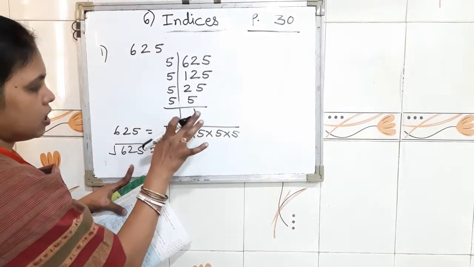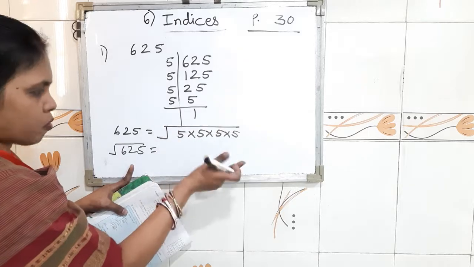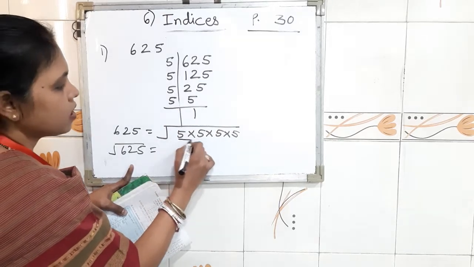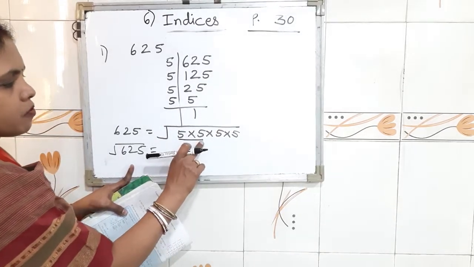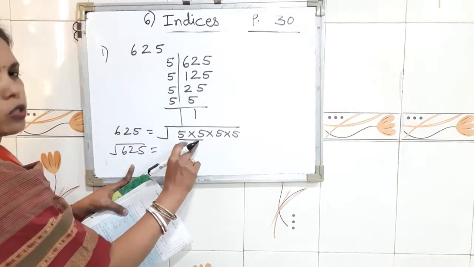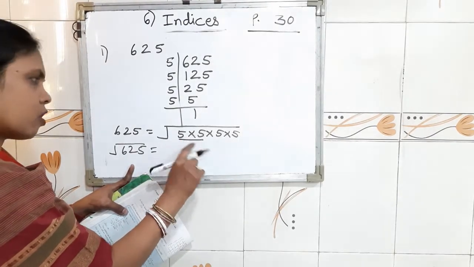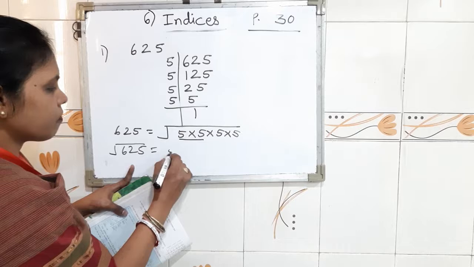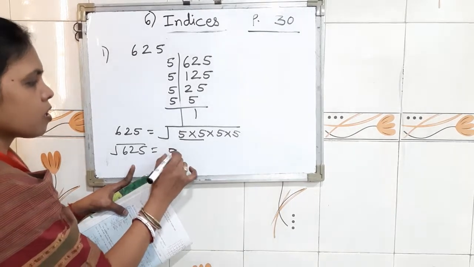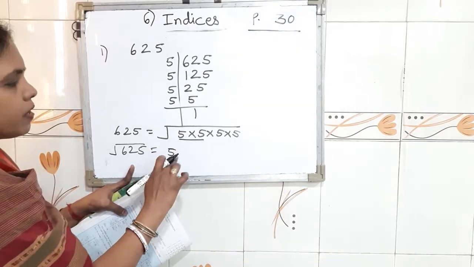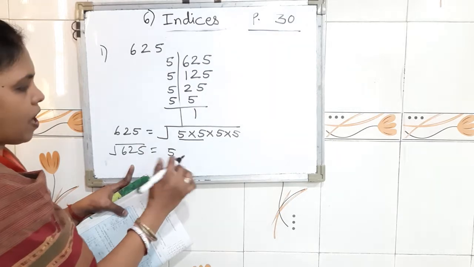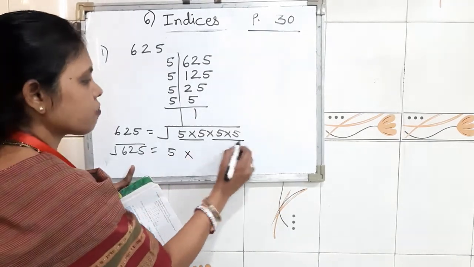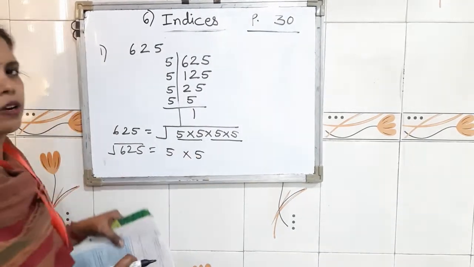That's why when we remove them from the square root, how many times 5 will you get? We had underlined 2 times 5. Therefore when it comes outside from the square root, we write 1 time only 5. Next one, for this 5, again we will write 1 5.